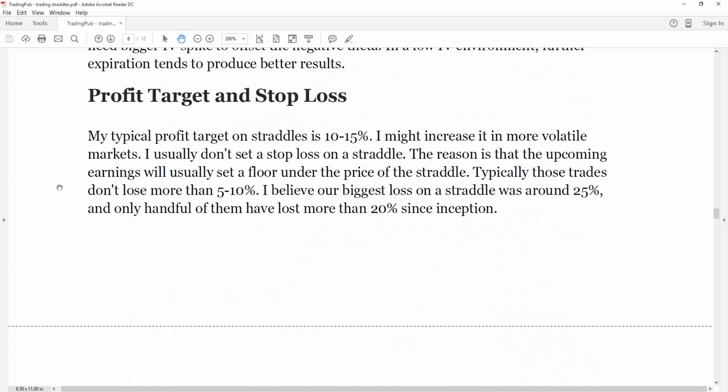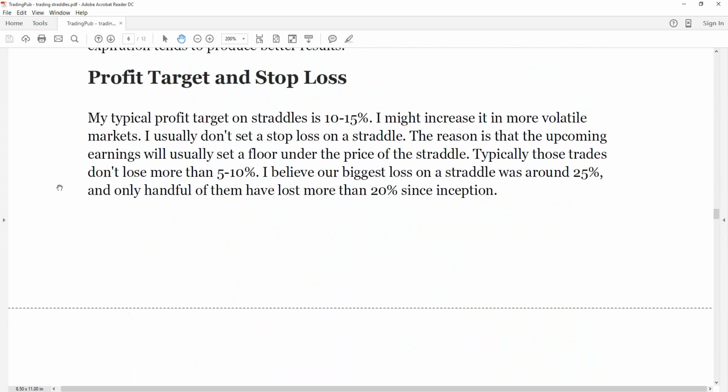So I don't want to leave money on the table. On the other hand, during the day, if I see that the stock doesn't move or moves a little bit, I can definitely put an order to close at maybe 15%.